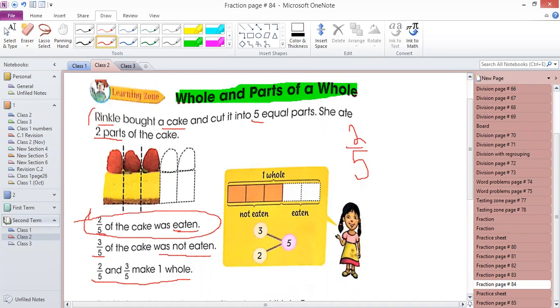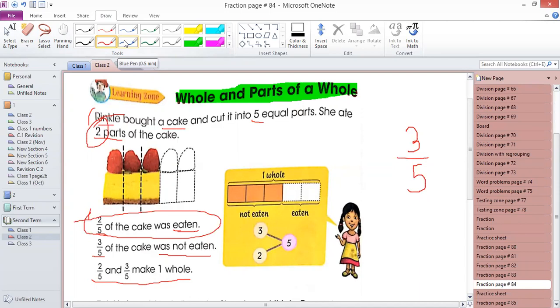Okay. Now, if I ask you how much she did not eat, you will say, sir, there were a total of 5 parts. If she ate 2 parts, that means 3 parts she did not eat. So 3/5 of the cake was not eaten by her. She ate only 2/5 and she did not eat 3/5.